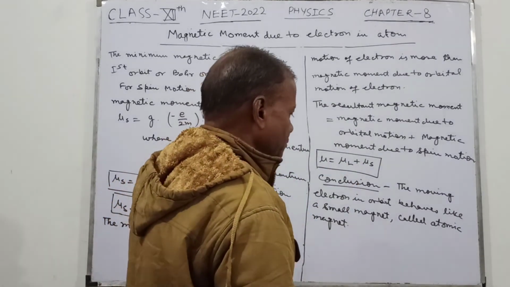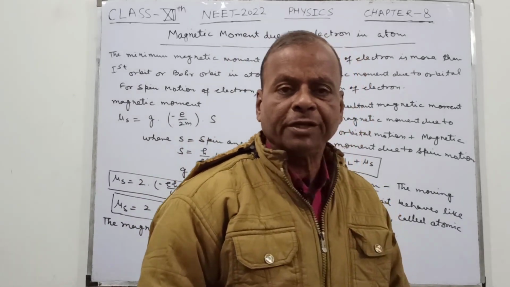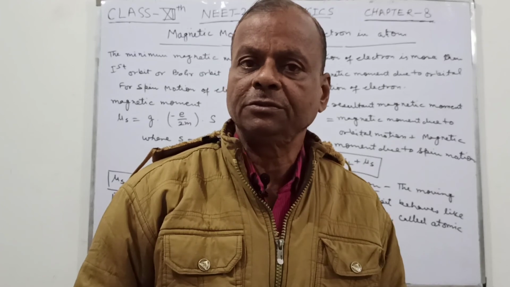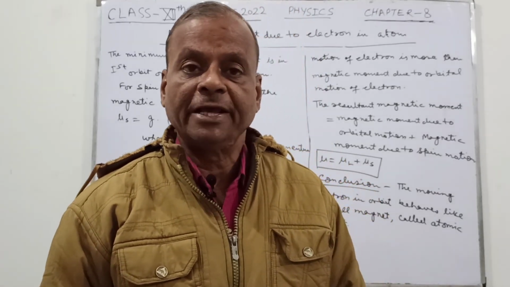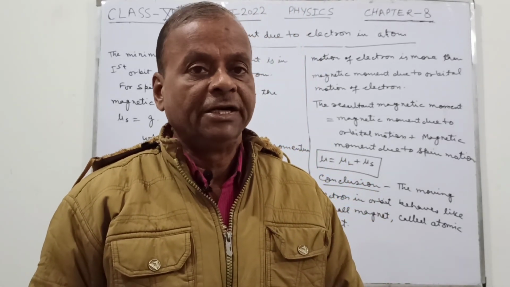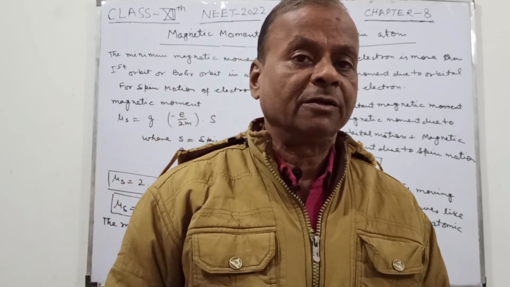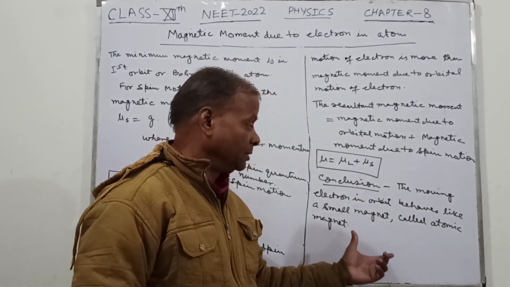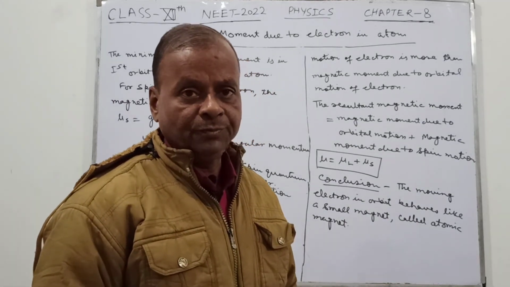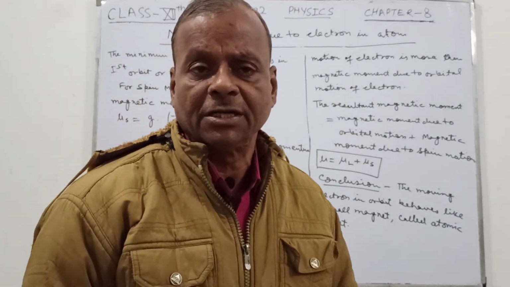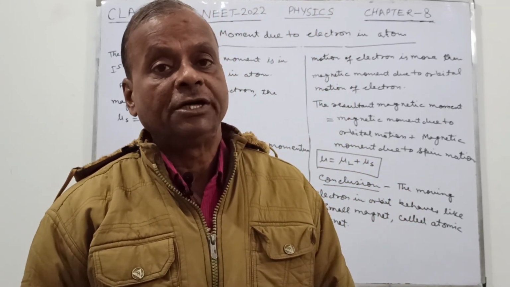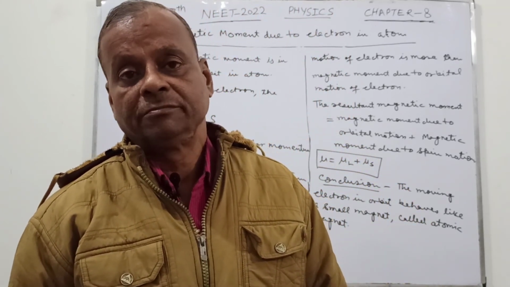This is the conclusion. The moving electron has either orbital motion or spin motion, and because of both it has a magnetic moment. In the orbits there are a number of electrons, so all the electrons contribute to the magnetic moment.